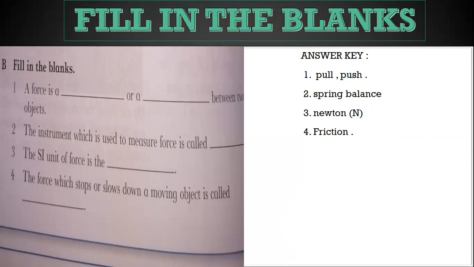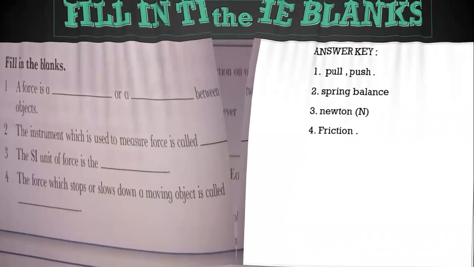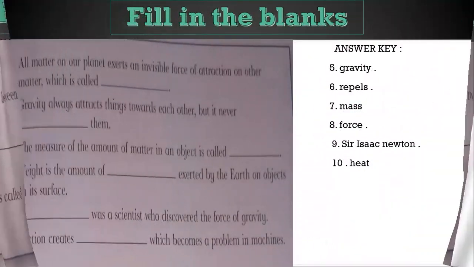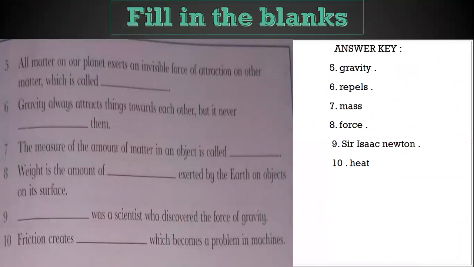Number 4, the force which stops or slows down a moving object is called friction. Number 5, all matter on our planet exerts an invisible force of attraction on other matter, which is called gravity.